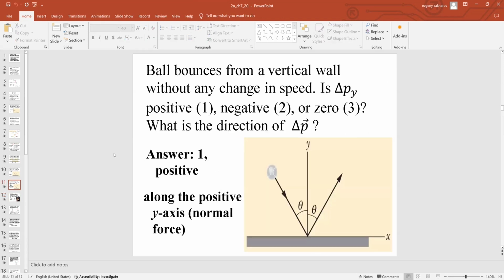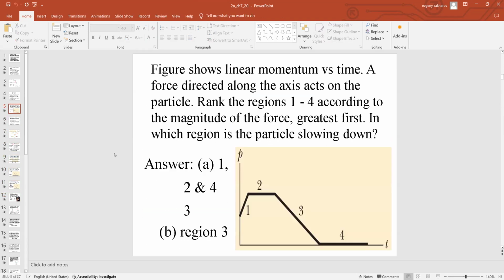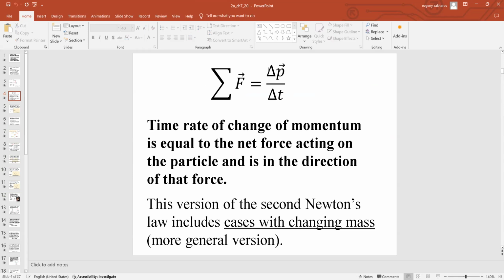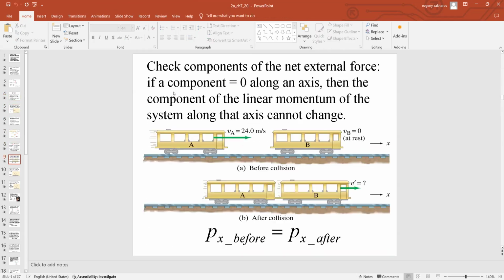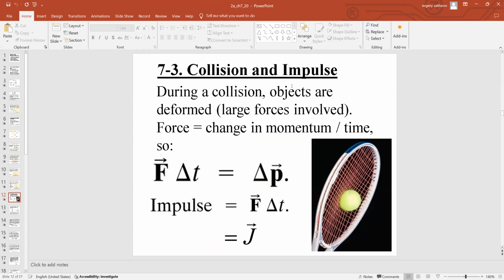Let's go back to the second Newton's law. How would you solve for impulse? Well, multiply both sides by delta t. Delta t cancels on the right side, and on the left side, you'll get the net force times the delta t. That's exactly the definition for impulse.